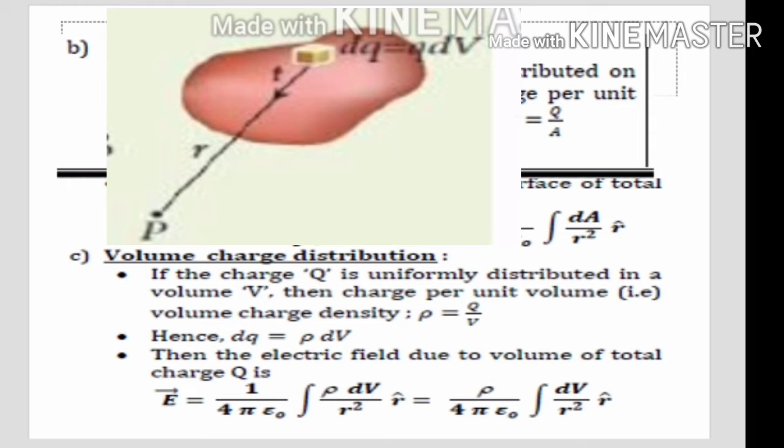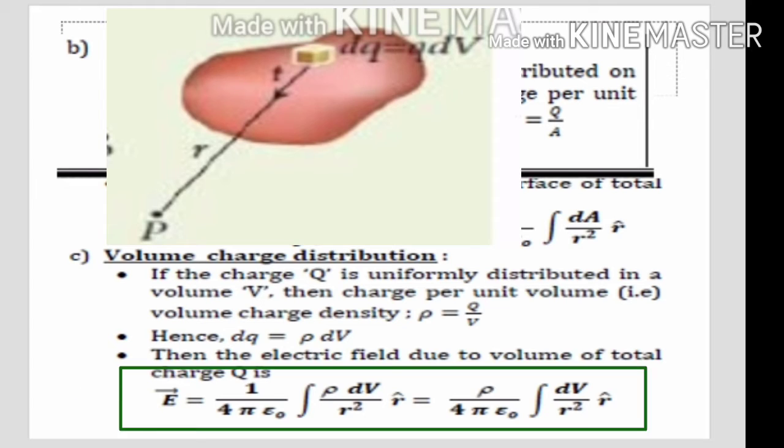Hence, the electric field at a point P from the charged volume of the object can be written as E vector is equal to 1 by 4 pi epsilon naught integral rho dV divided by r squared into r cap. Here rho is constant, so you can take it outside. Hence, rho divided by 4 pi epsilon naught integral dV by r squared into r cap.